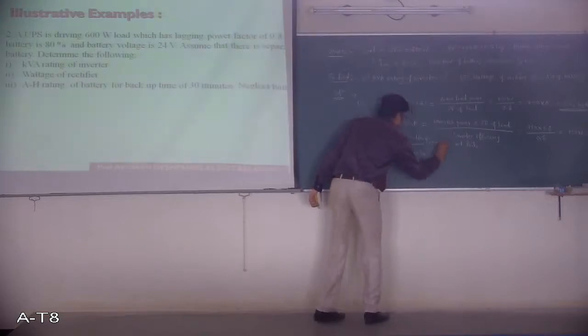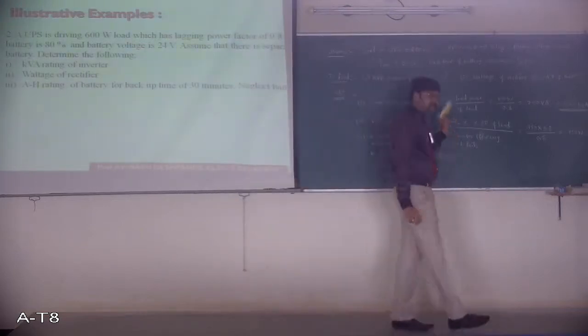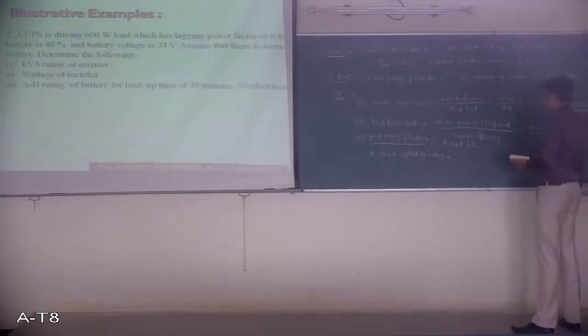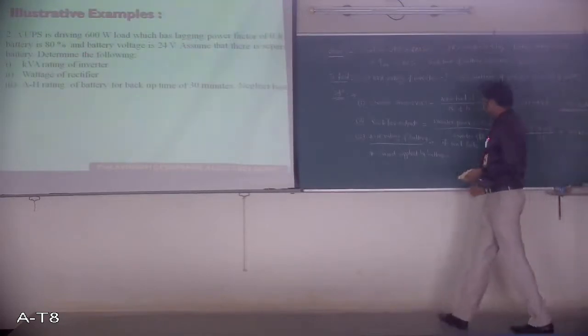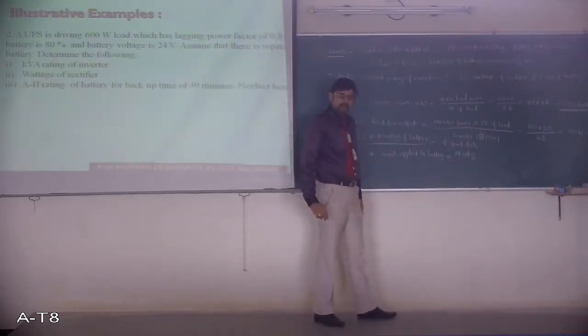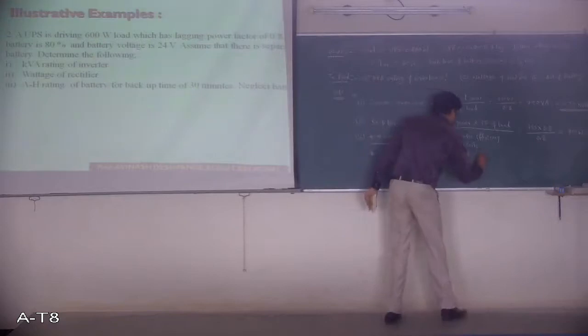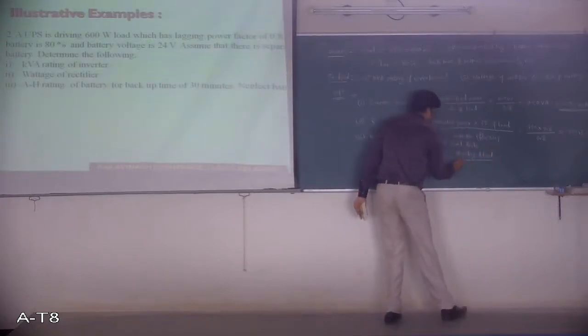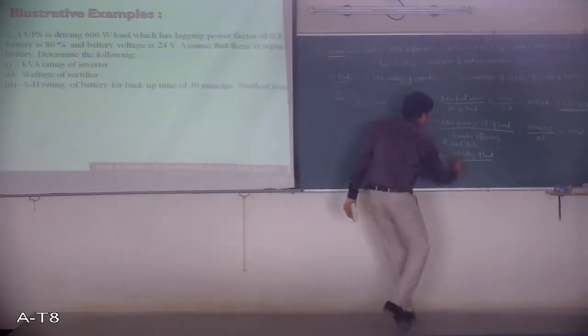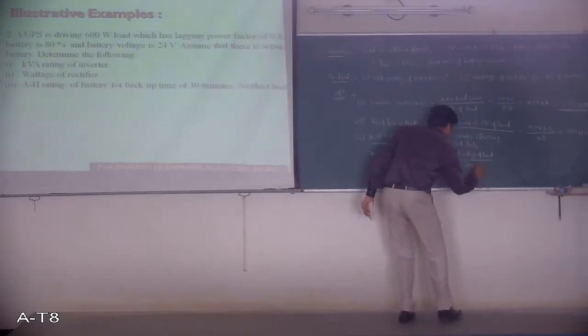Current supplied by the battery when it was supplying the same load power. So how do you determine this? I know the VA rating of the load, which is nothing but the VA rating of the inverter output itself, divided by voltage.